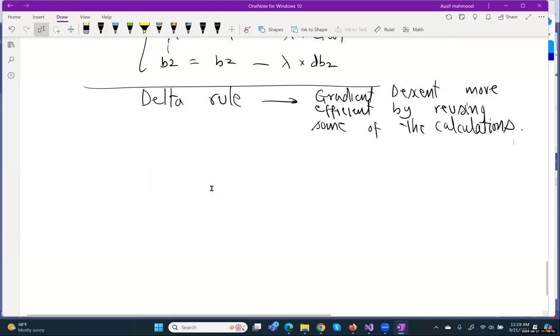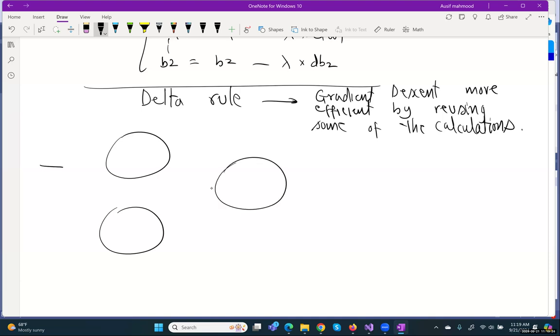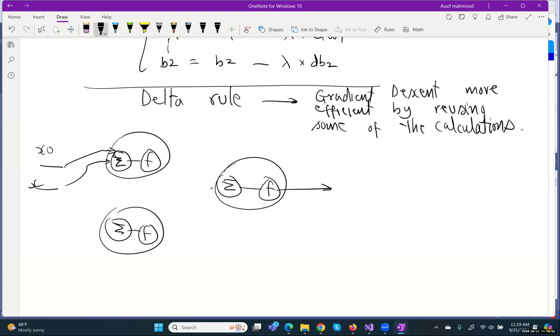So suppose I draw the same network again very quickly. Okay, so like I said, this will go over here, this will go. W0, W1, W2, W3.